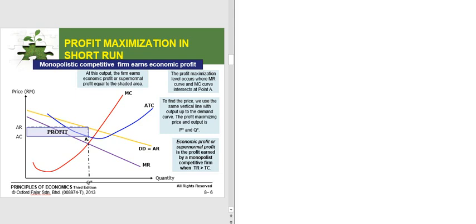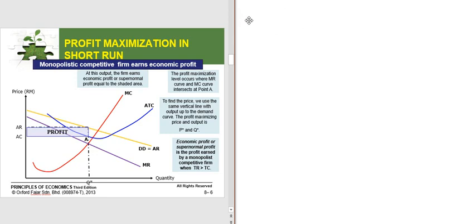Alright, for profit maximization in the short run, it is basically the same as what you have done for the monopoly market. You have the average revenue, the marginal revenue, the ATC, as well as the MC, the marginal cost.